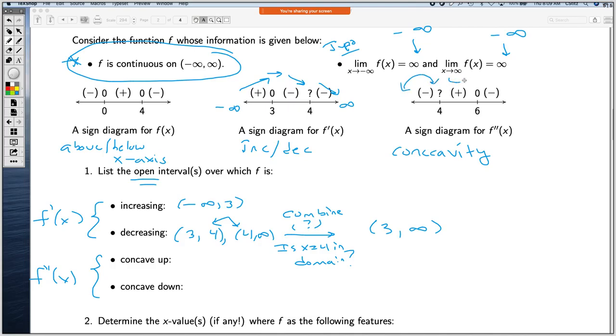Positive second derivative, that's a happy parabola, it's concave up. And sad parabola, concave down. So it's concave down from negative infinity up to 4, and from 6 to infinity. And then it's concave up in between, from 4 to 6.